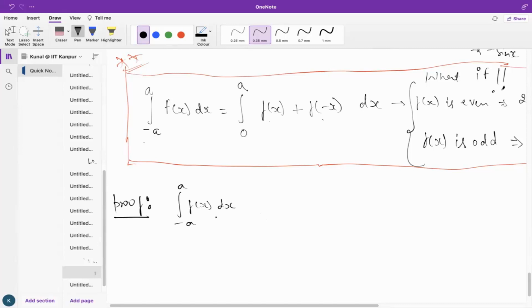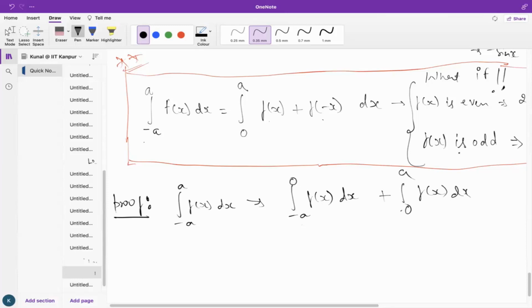What we can do is break this into the form minus a to 0 and then 0 to a. In the first lecture I told you the function should be continuous: if I'm integrating a function from minus a to a, then in minus a to a the function should be continuous. Because the function is continuous, we can write it into this form.